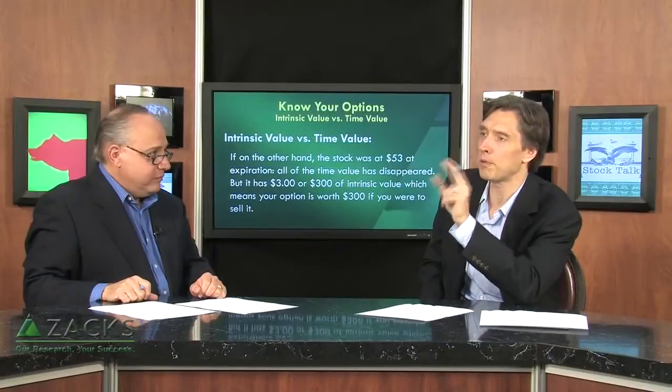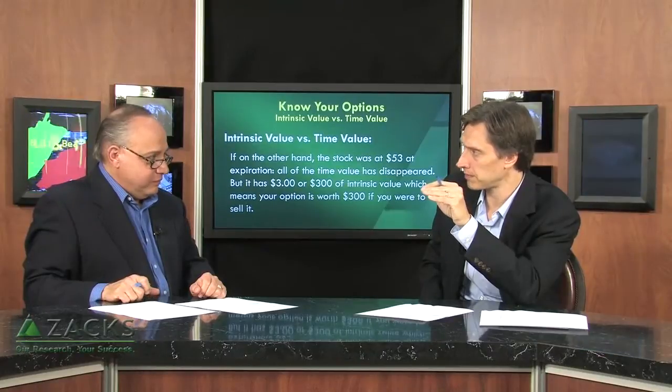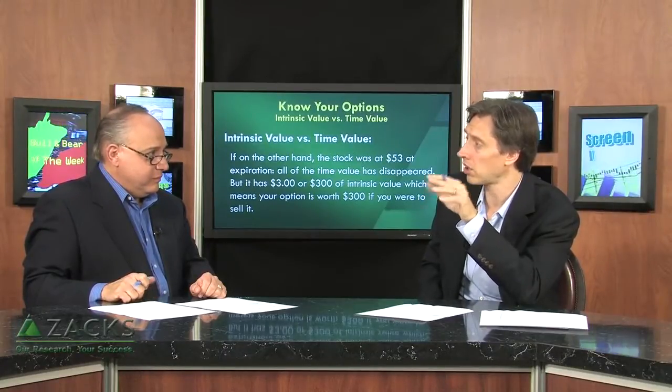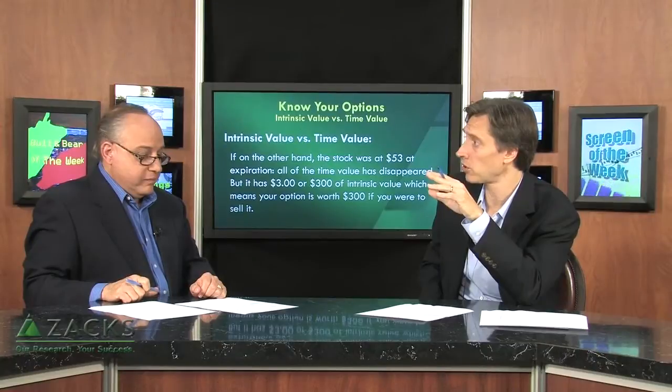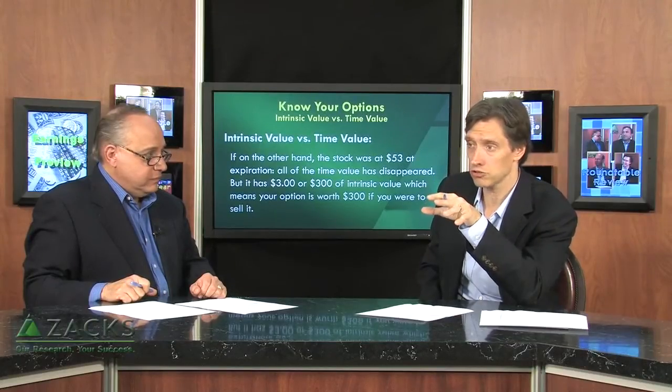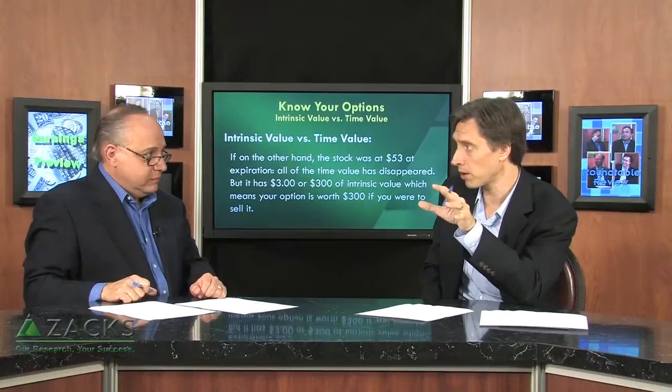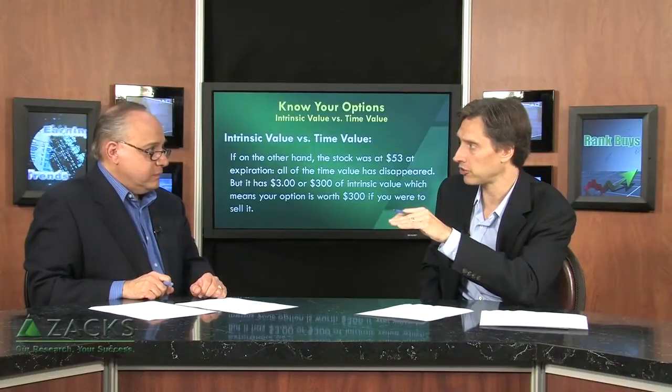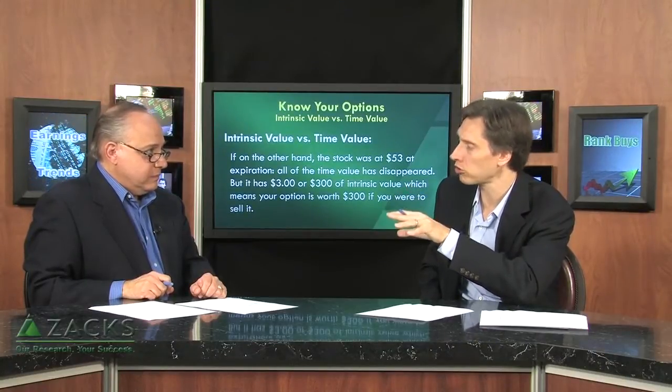So if you buy an out of the money option and your stock goes sideways, or even if it goes up a little bit, it never reaches your strike price, you're going to be saddled with a 100% loss on the premium. However, if you bought an in-the-money option, it is true, it may cost you a little bit more money, but if that stock were to go sideways between when you bought it and expiration, you're only going to lose a portion of your premium.